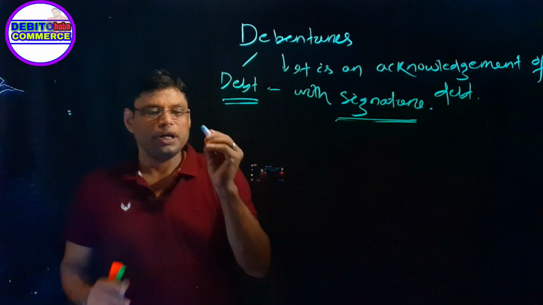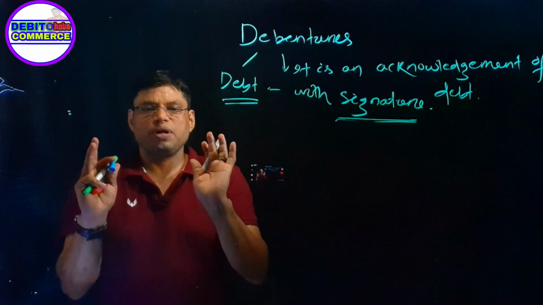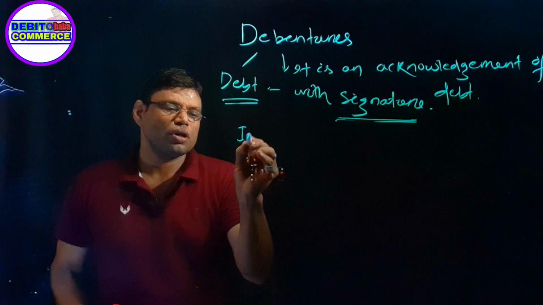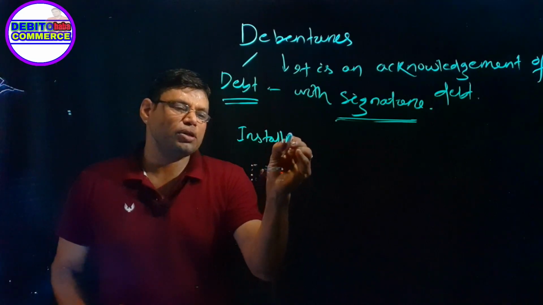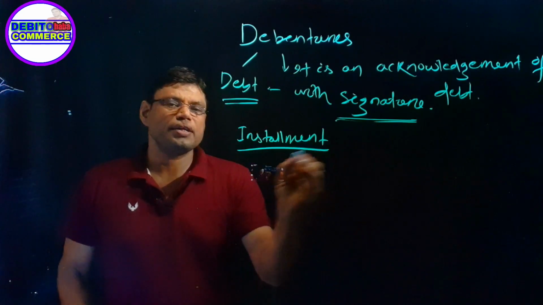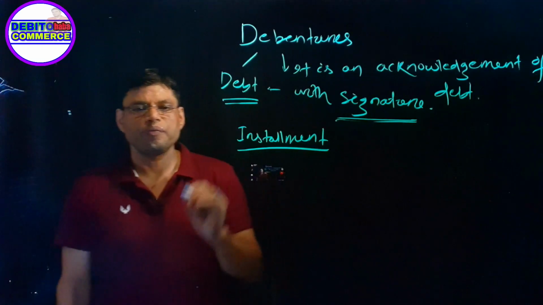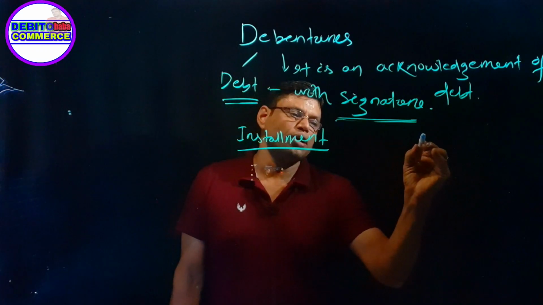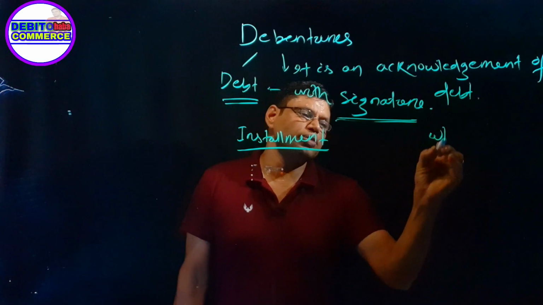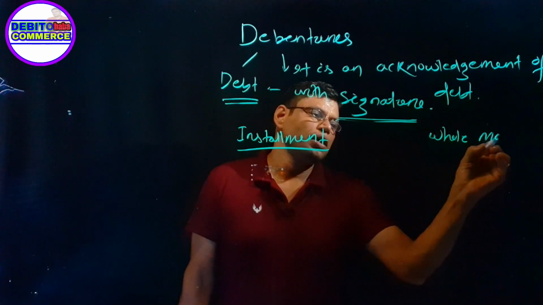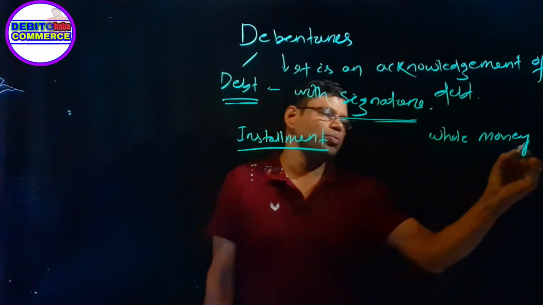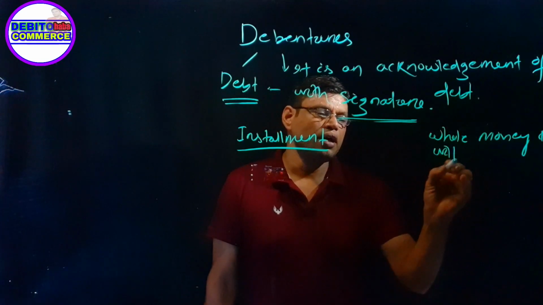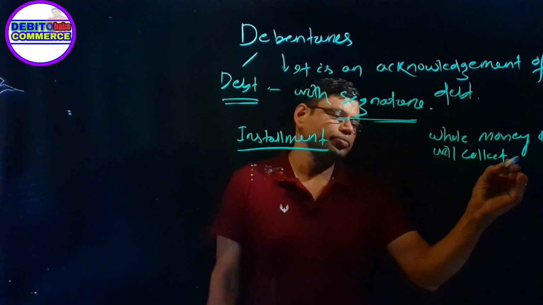There are two situations you may get. One is installment, that means the company will collect the debenture money from the public in installments. Another is that the whole sum, the whole money, they will collect in the application stage itself.